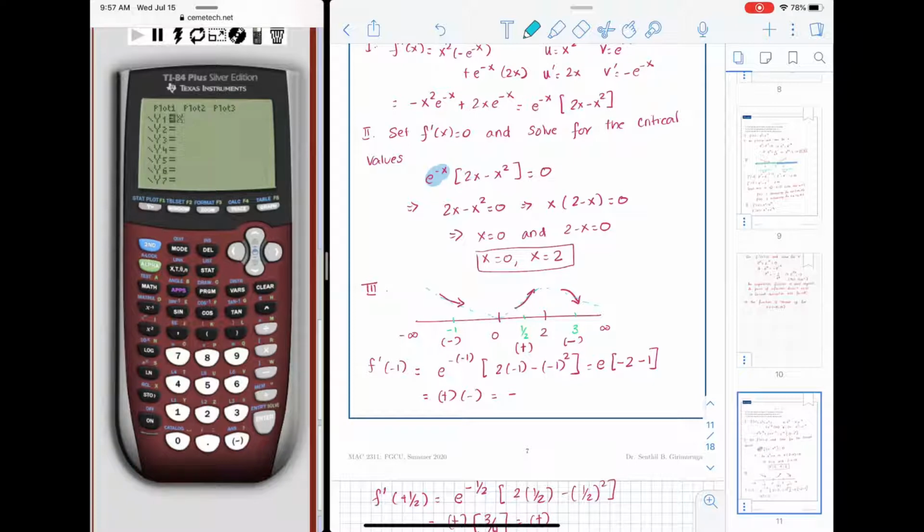The original function is x squared multiplied by e raised to x. Going to graph that. And it's not obvious, but we've made a graph here, so let's see if that matches up.